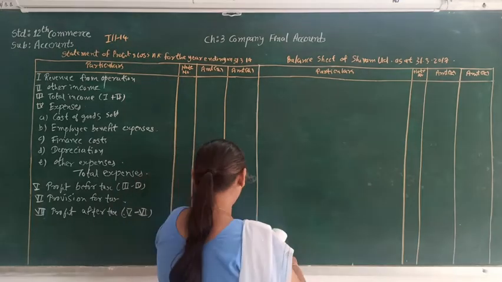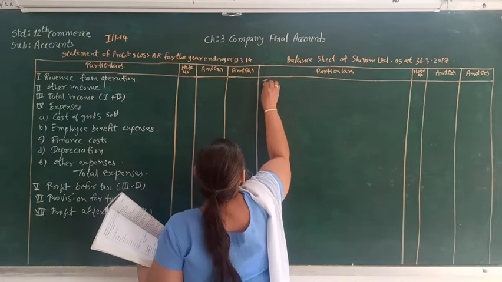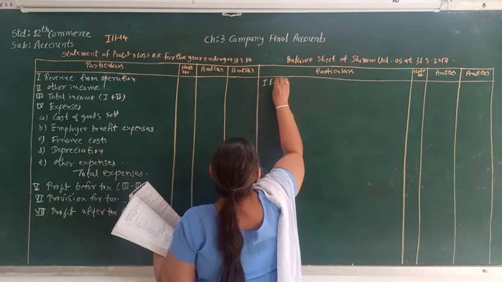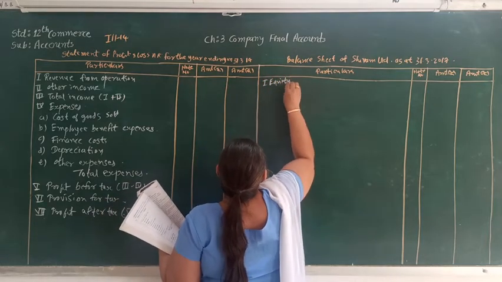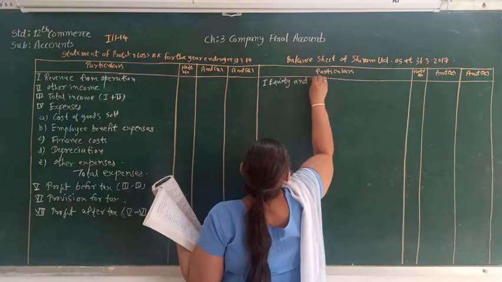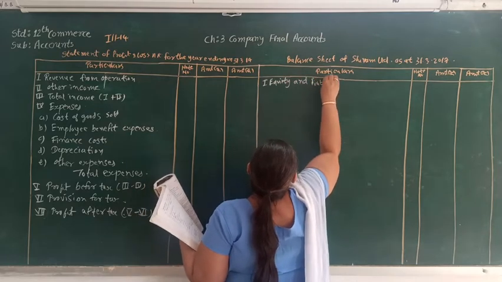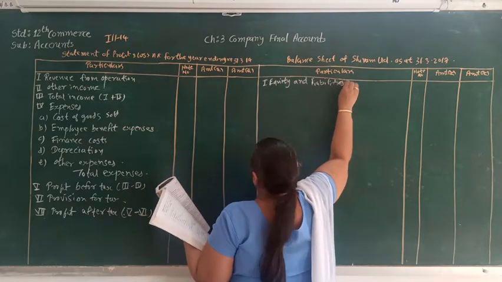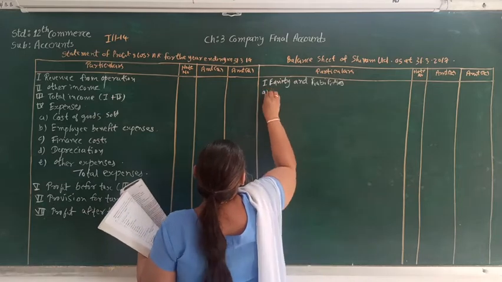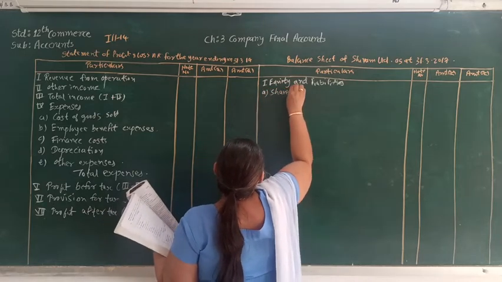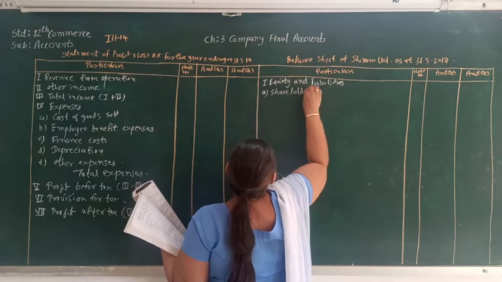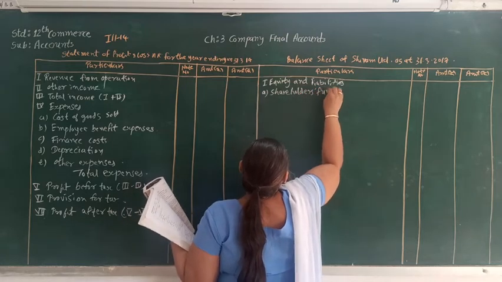So here let's prepare the heading of the balance sheet, where the very first heading is equity and liability. Under that, the very first is shareholders' fund.